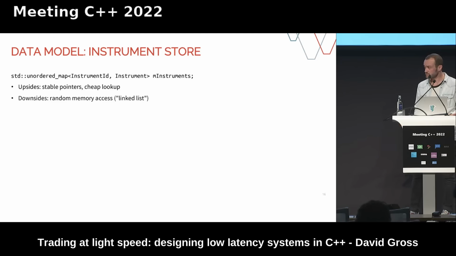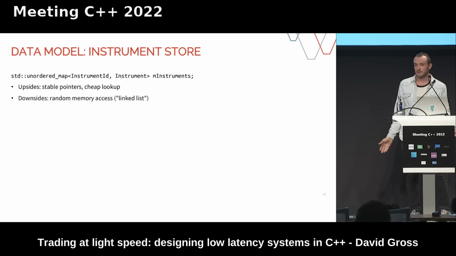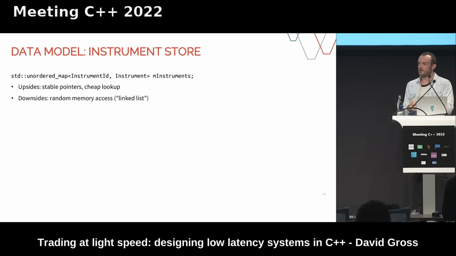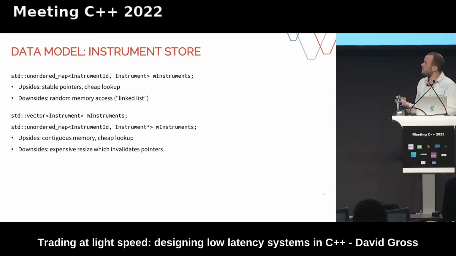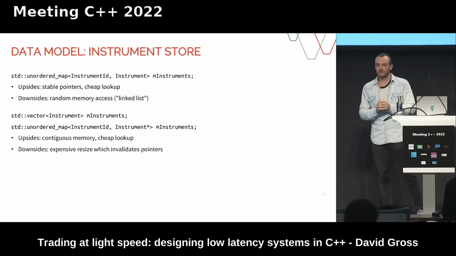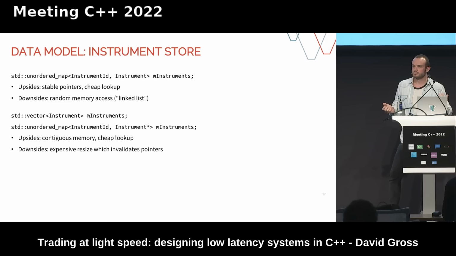If you want to be fast, the memory model of std::list itself is bad, and a node map has the same memory model. It is a node container, where each element is allocated in a separate node. That's the main problem there. So a better solution is to use a std::vector plus a map.